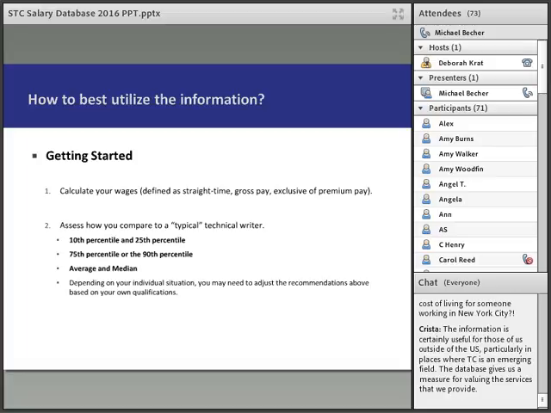So when you look at the group as a whole, identify what is that middle person, that person mid-career, mid-level in terms of experience, in terms of education, certifications, that sort of thing. And then basically you want to compare yourself to them.